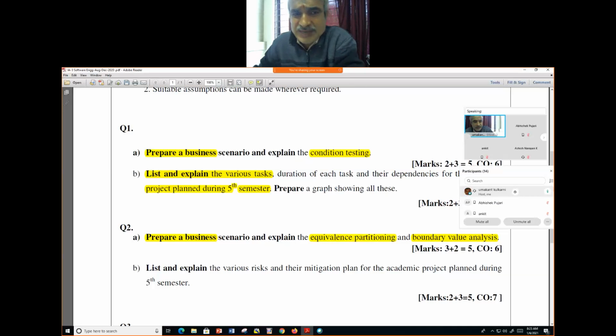Now, when I say business scenario, it is simple. Look at this: if the age is greater than or equal to 18, then issue the insurance. Consider this particular scenario. How does this get translated into expressions in a programming language?